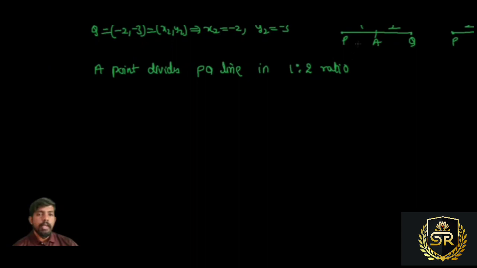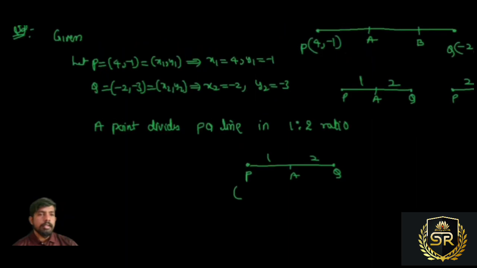Now point A divides the PQ line in 1:2 ratio. We know the formula, right? Here this is point P, this is point Q, and point A. P point is (4, -1), Q point is (-2, -3).